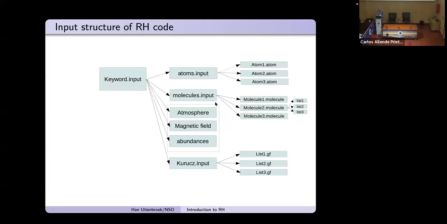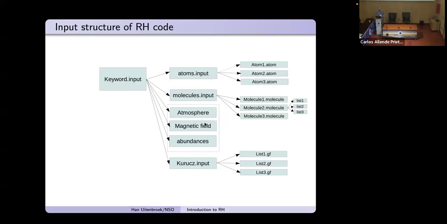The molecular equilibrium, I'll give an example a little bit later, is actually set by which molecules you include here. So if you only want to calculate H2, which is actually required, and CO, then you just put those 2 molecules and the chemical equilibrium solution automatically adjusts to that situation.